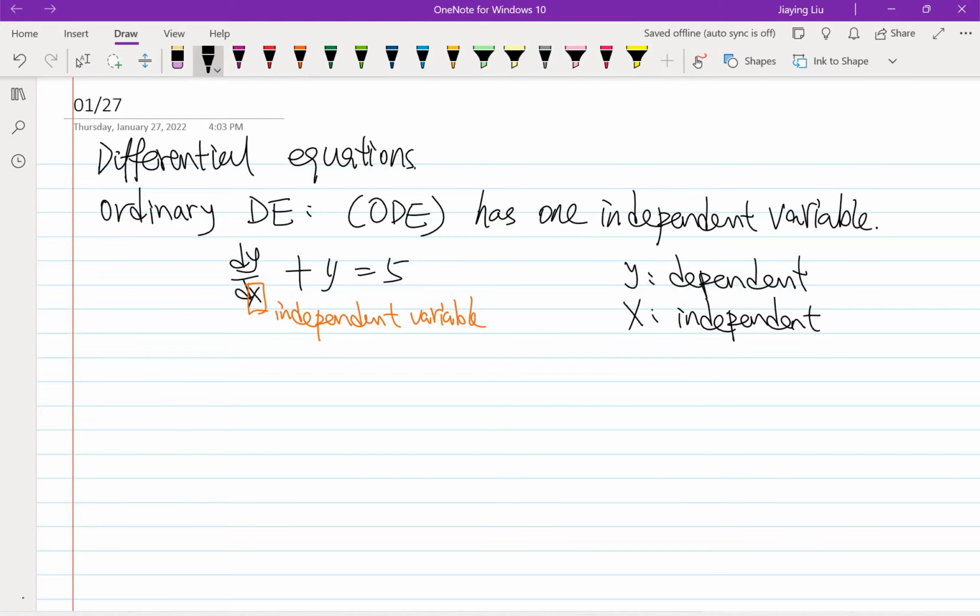Now, another example would be partial differential equations. This is what we call PDE. It has more than one independent variable.